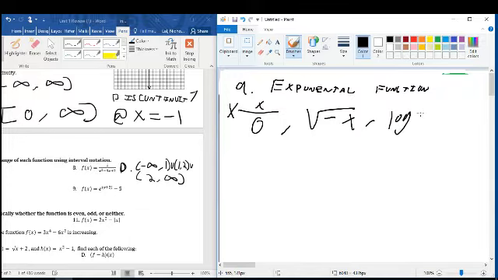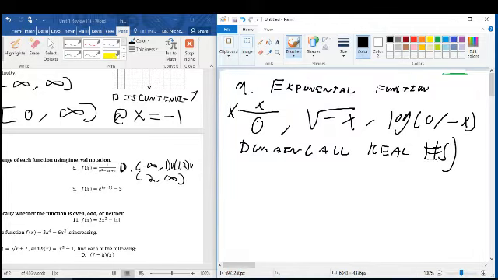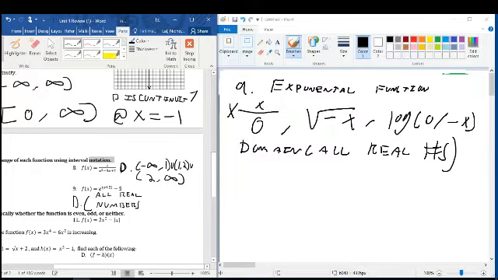You're not taking the logarithm of 0 or a negative number. So the domain is just going to be all real numbers. Domain, all real numbers. Okay, now we're going to circle back to the ranges.